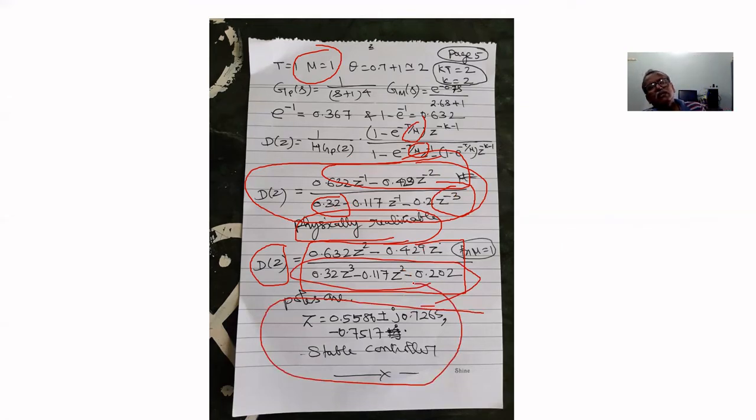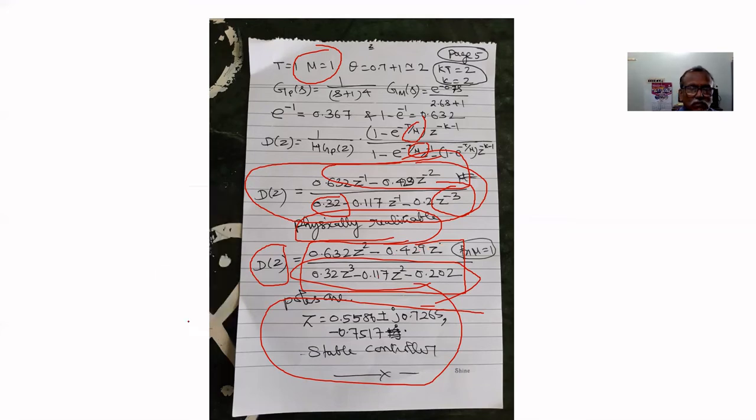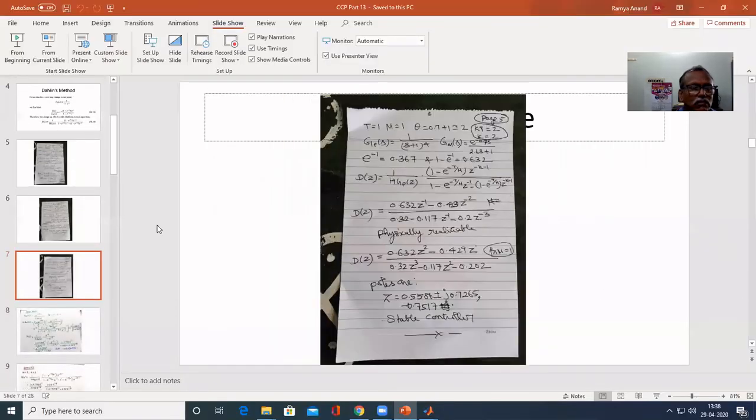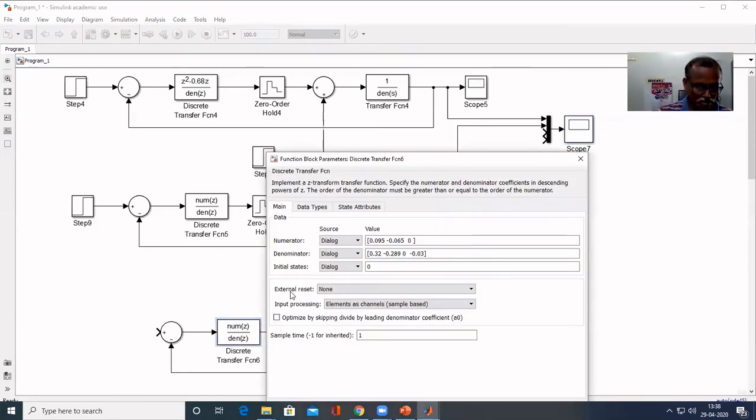Now, let us simulate for all the three Dahlin's controllers: one for mu equal to 1, another for mu equal to 3, another for mu equal to 10, and a deadbeat controller. Let us compare all the four. Here, the controller we have to enter is for mu equal to 10.